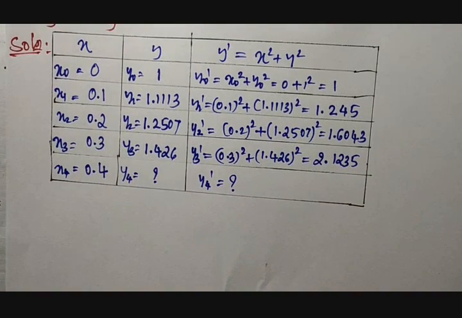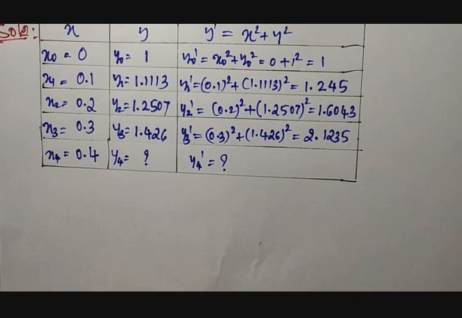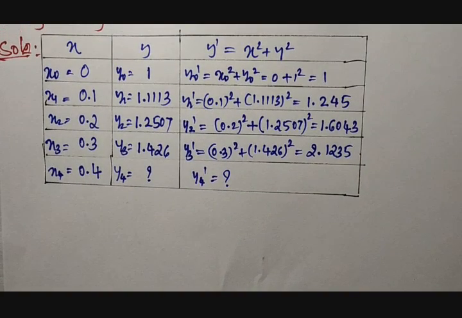Then what to do? Let us move to the calculation. We need to calculate the result by using Milne's method. When we are using Milne's method, let us see how best it can be utilized.